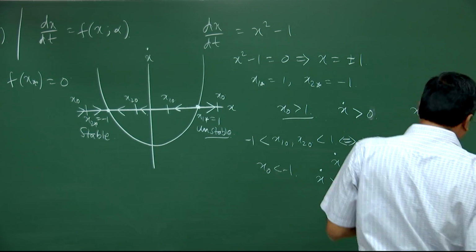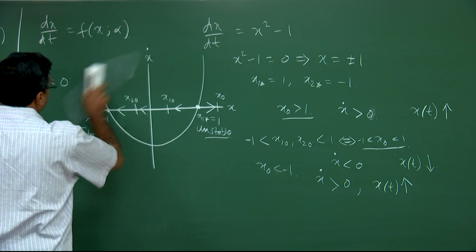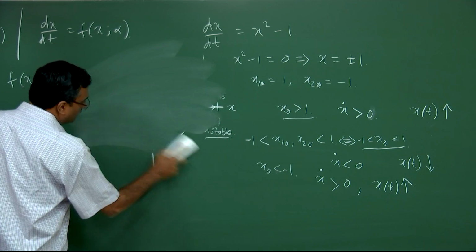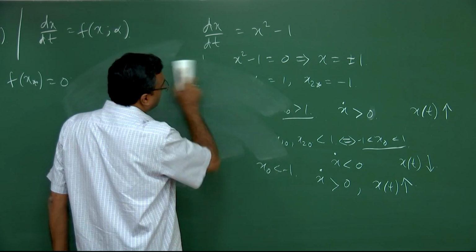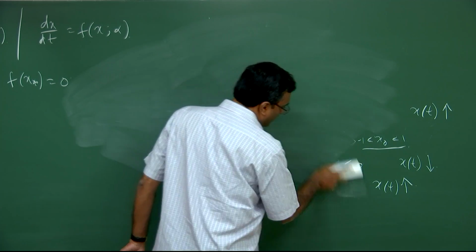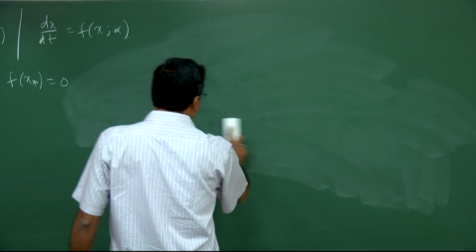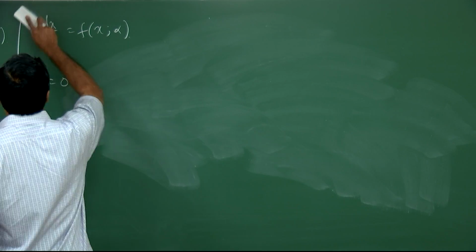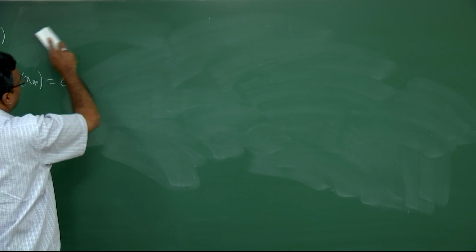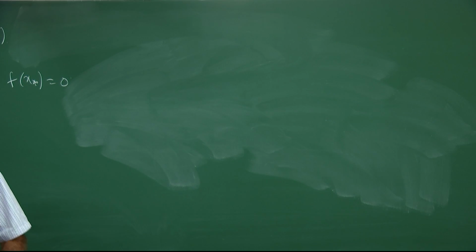Now as I have mentioned, most of the time we will not be able to find the solution explicitly, and sometimes this geometric consideration is not possible due to the complicated nature of the function involved in the given differential equation. So let us try to understand how some mathematical technique can be developed to understand the local stability property.